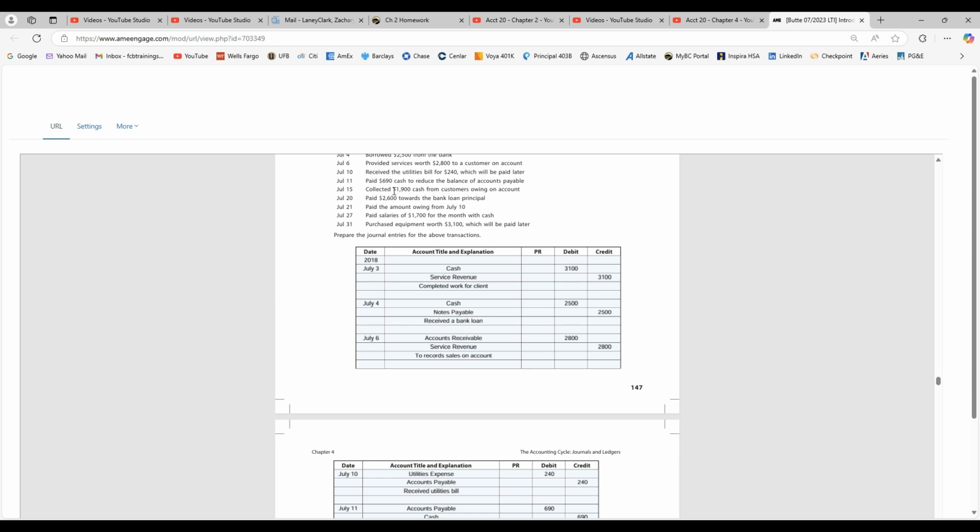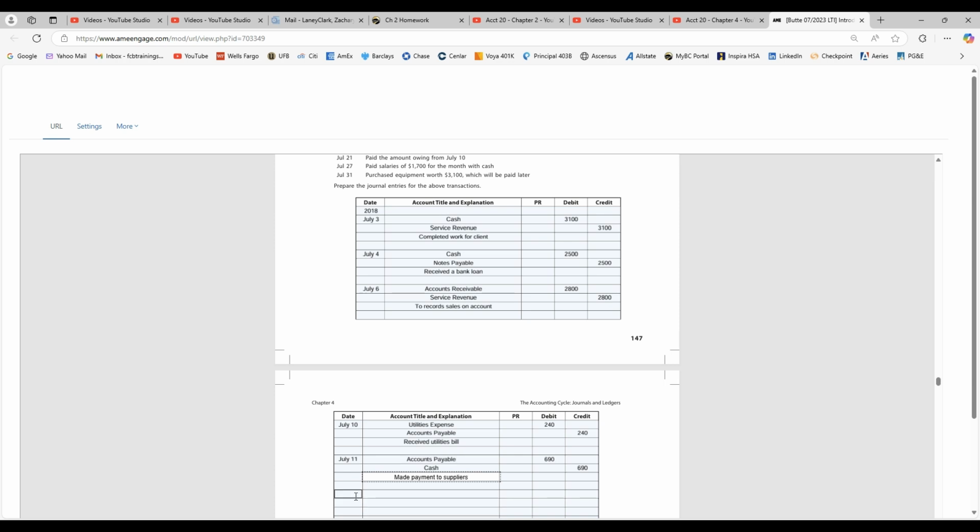Okay, collected $1,900 cash from customers owing on account. So now we're going to be dealing with accounts receivable. In this instance, we're getting the cash. Like earlier, in this transaction, for example, we earned revenue, but we booked an accounts receivable because we're going to receive that in the future. And now in this second transaction, we're actually recording the fact that we did now receive some cash.